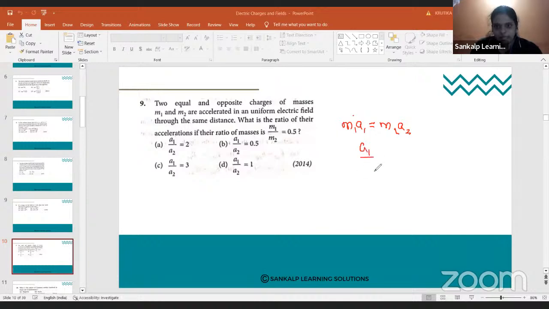So a1 by a2 is equal to m2 divided by m1. We have m1 by m2, not m2 by m1. So it is 1 divided by 0.5. What is 1 divided by 0.5? It is 2. Yes, so it is option A. That is what I told you, if you make a little mistake, your answer will be different. Option A is right.